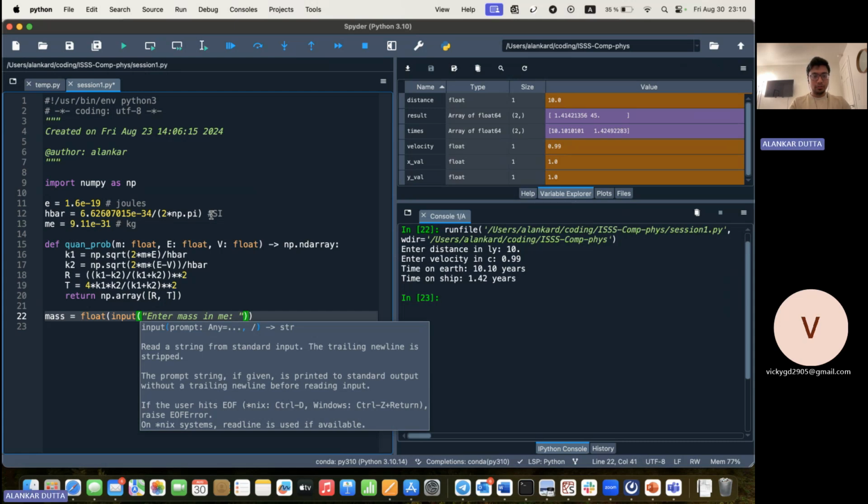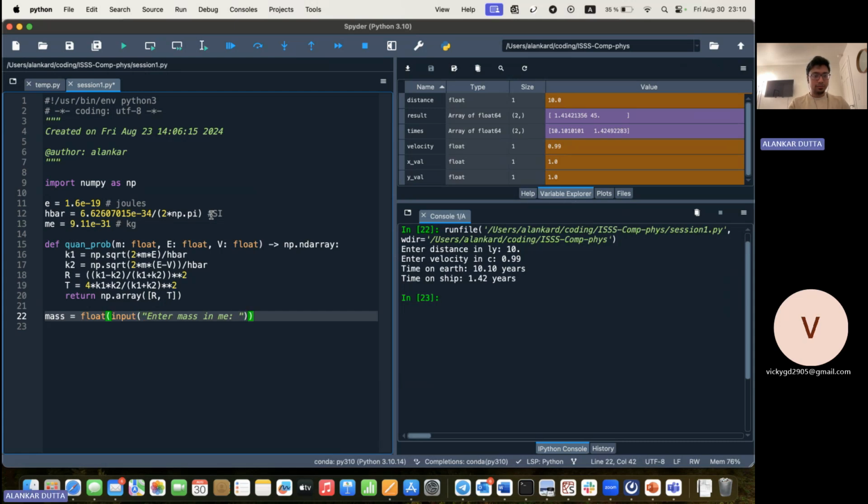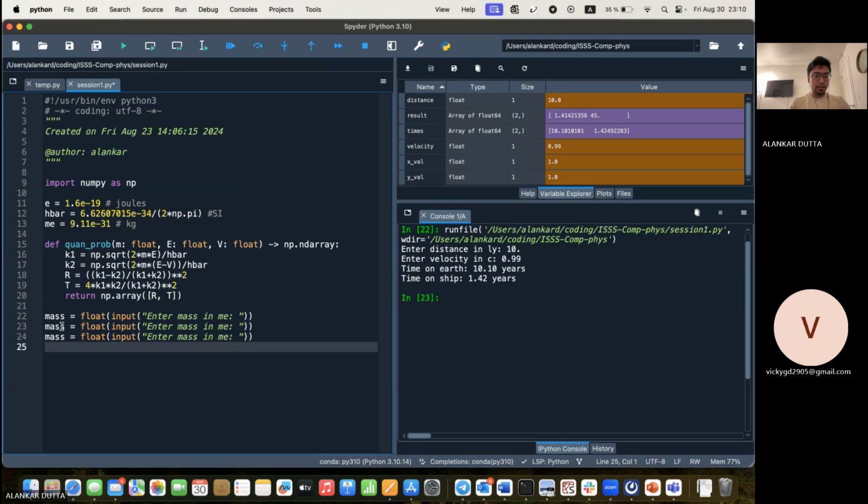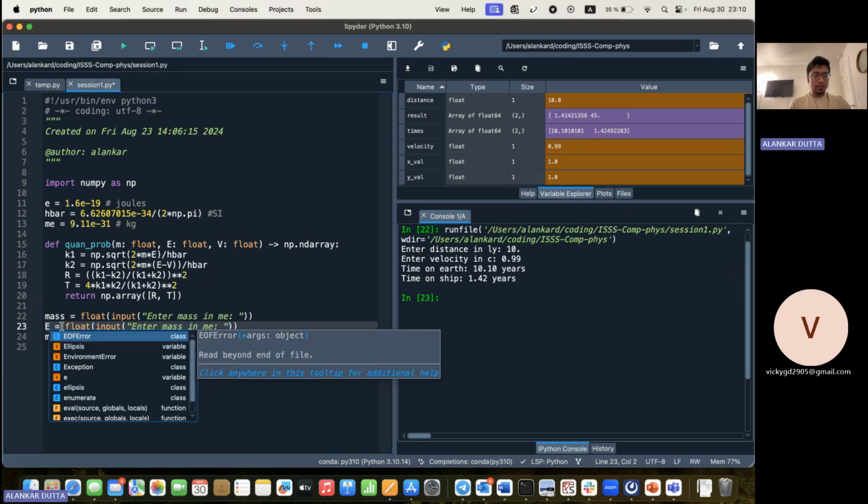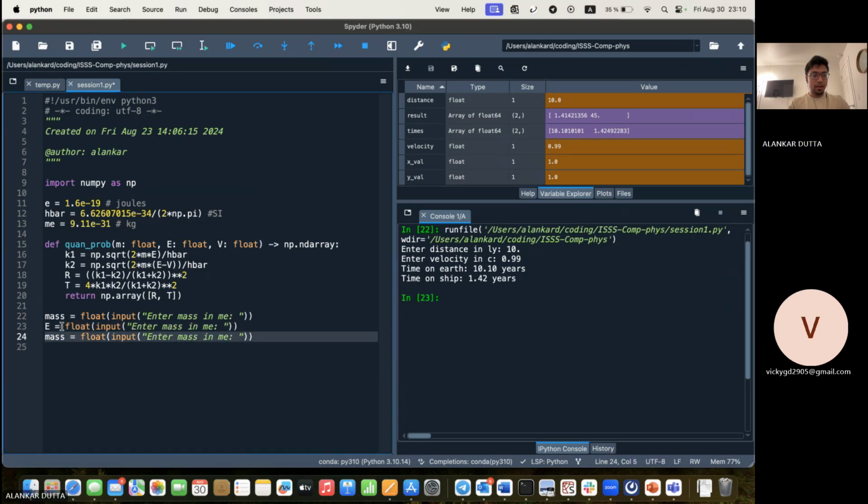So it is in electron mass that we want the mass to be put in. Then we need the energy E and the potential height.